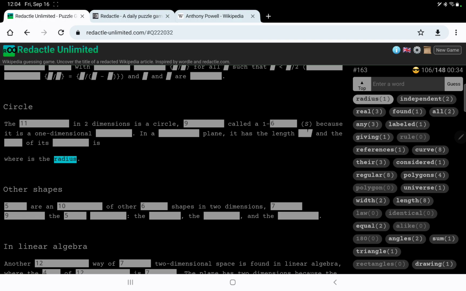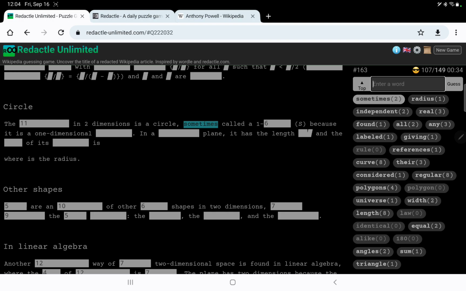And then what's the 9? Oh, sometimes called a 1-6 because it is a one-dimensional 8. Well, if it's one-dimensional, then it's just a line, right?